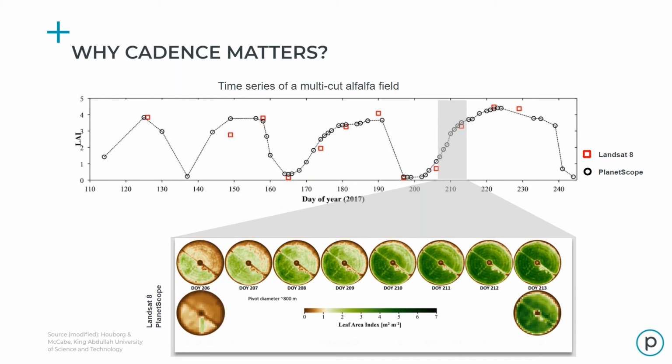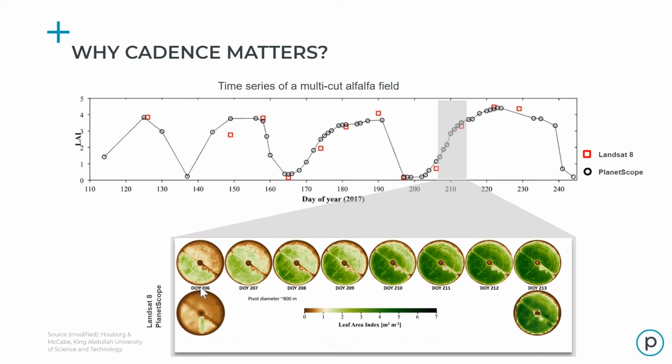Something for another time. We can talk about our enhancements that we're putting in next year, but nonetheless, as it stands today, we're still able to give you a cadence that's sufficient to monitor when things have happened down to the nearest day.